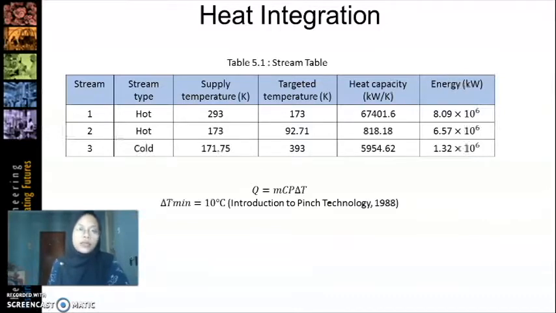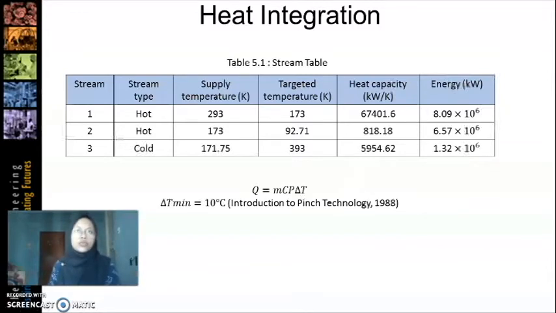And the data that we extracted include the supply temperature, targeted temperature, and also heat capacity. And based on this info, we can actually calculate the heat duty of the process by using this formula.